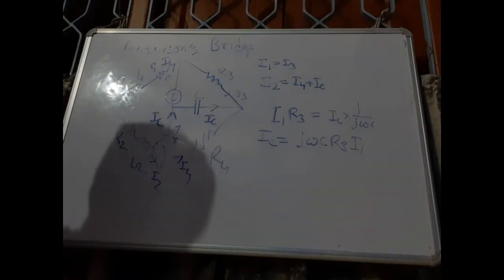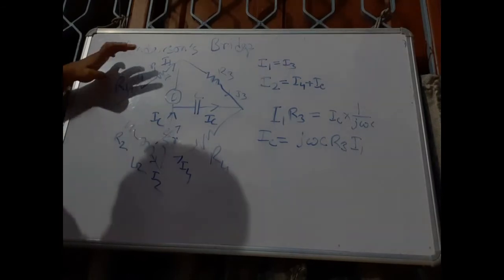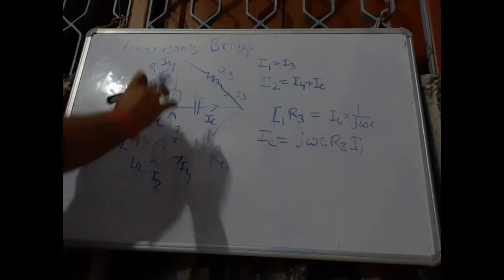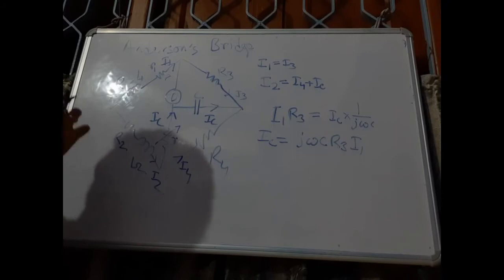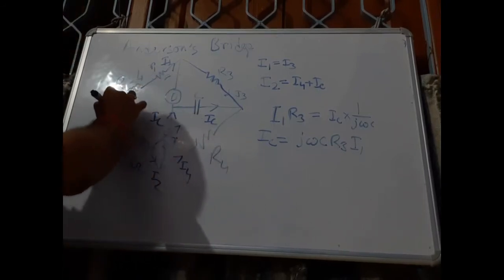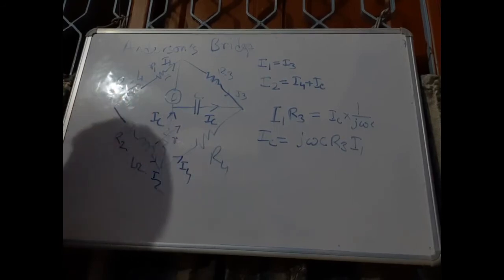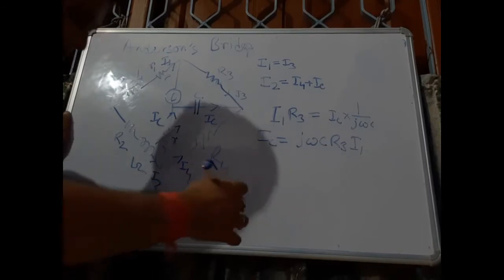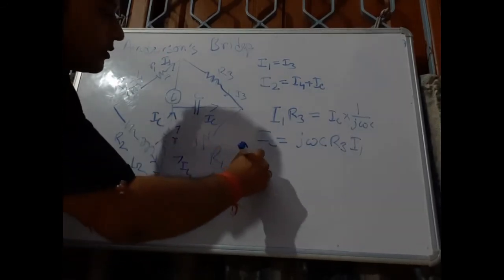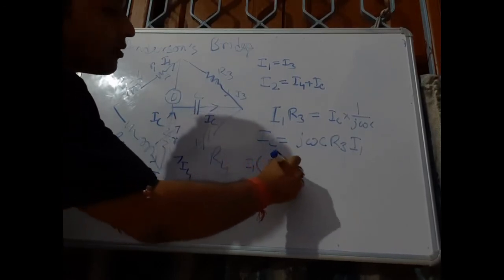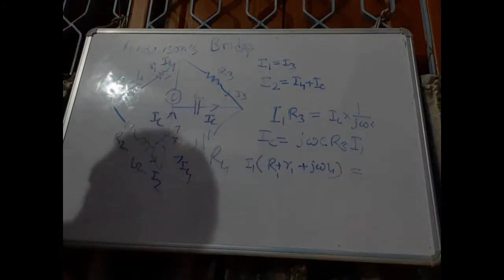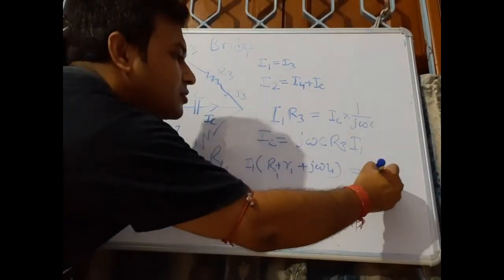Now if I write down the voltage across the first term, it is I1 into R1 plus small r1 plus j omega L1, right, which is equal to I2 into R2.